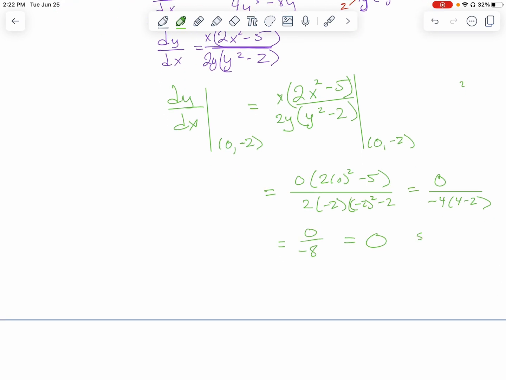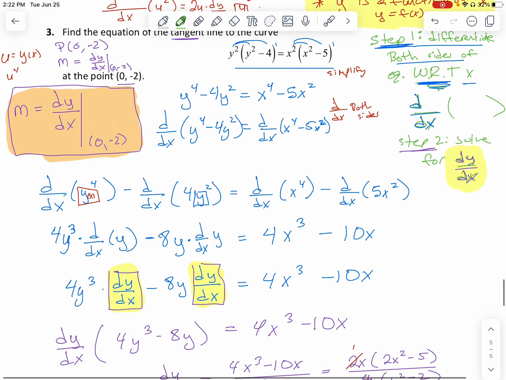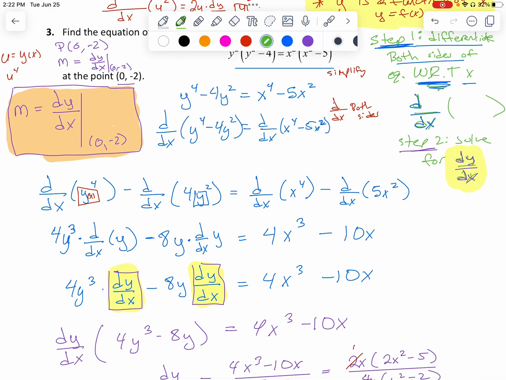So the slope of the line, and we know when the slope is 0, that means I have a horizontal line at y equals some constant. That's always the formula. I could always go to point slope form and plug in my slope, which we just found to be 0, and our point 0, negative 2.